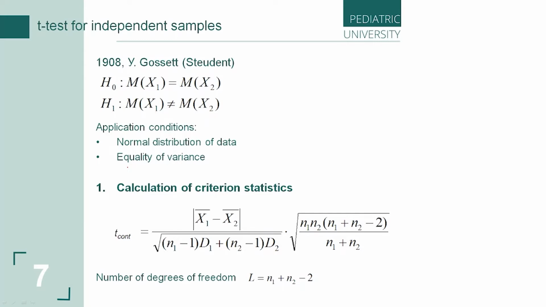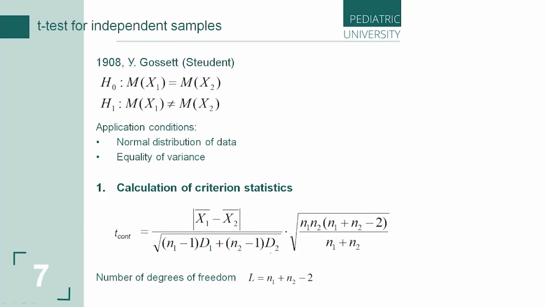So the algorithm is the same as before. We calculate the control value of the criterion, the criterion statistic. This is the formula on the slide. I think it seems very scary at first glance, but it's not really. It's a very simple formula.